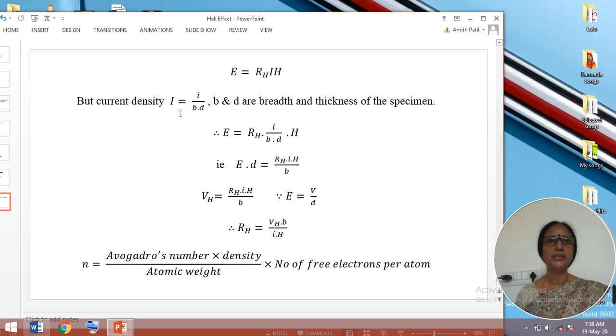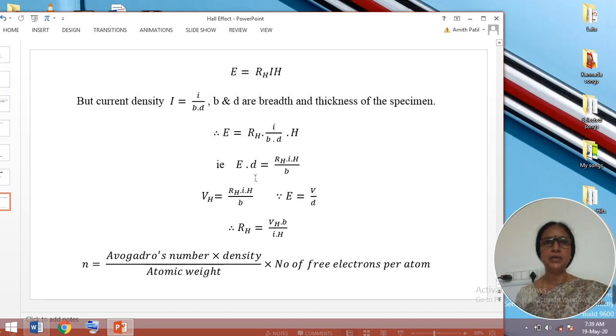Therefore, we can write the current density as I divided by B into D, where B is the breadth of the specimen and D is the thickness of the specimen. Replacing J in this equation, we get the electric field expression as RH into I by breadth into thickness into H. Taking D to the left hand side, E into D is equal to RH I into H by B.